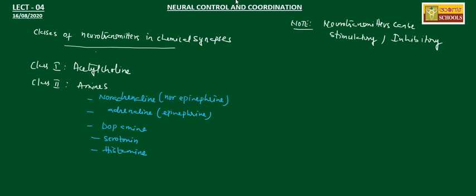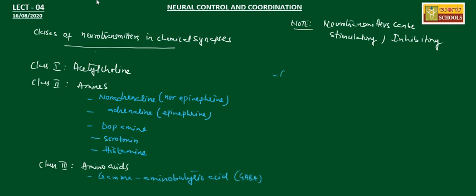Okay, so the next one, class 3. Under class 3 we have amino acids. These act as neurotransmitters, and they include gamma amino butyric acid, so it's called GABA.